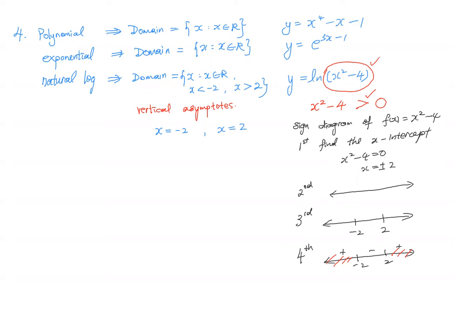So that is for natural log. Other than this, another function you need to know is the rational function. Do you remember what type of function is considered a rational function? These are called rational functions. Can it be like that?